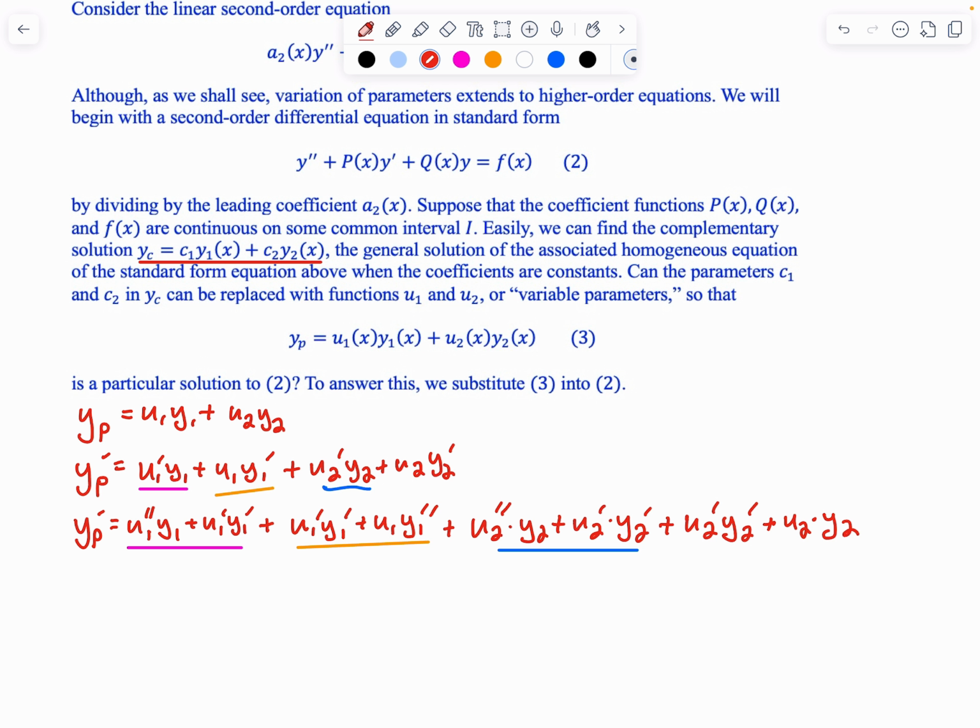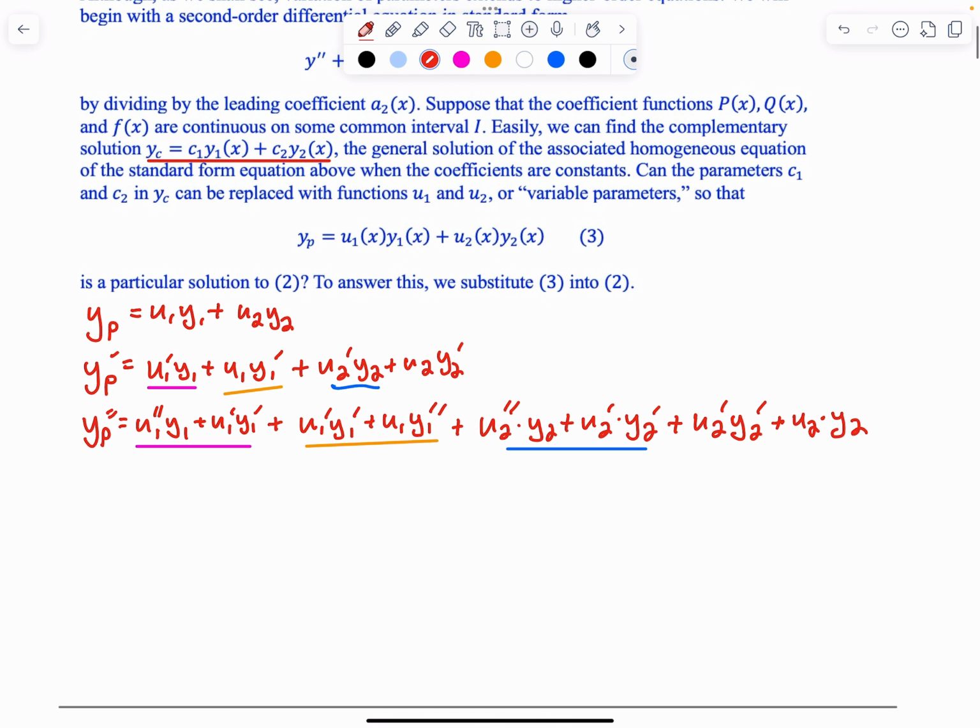All right, so there's our second derivative. I forgot to mark it there. Okay, so we need to plug that into our equation. I think we can simplify my second derivative, but let's not combine any like terms at all.